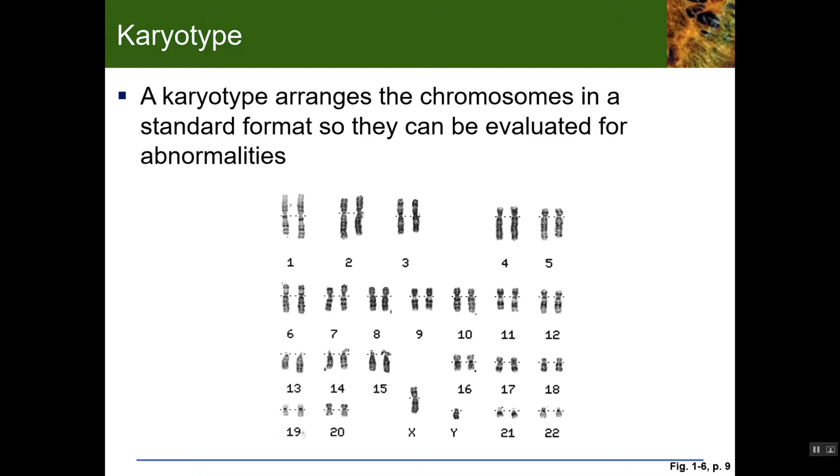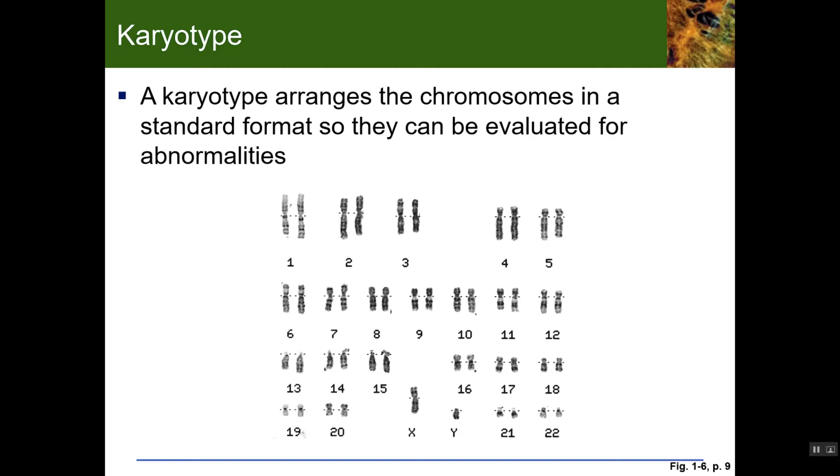As you can see here, you'll generally notice that the biggest ones, the longest ones, start at number 1. A little bit smaller is number 2, a little bit smaller number 3, 4, 5, so on and so forth, all the way down to 22. And then you have your X and Y chromosome here. In that case, you have X and Y, meaning that this is a male individual. If you had XX, it would be a female.